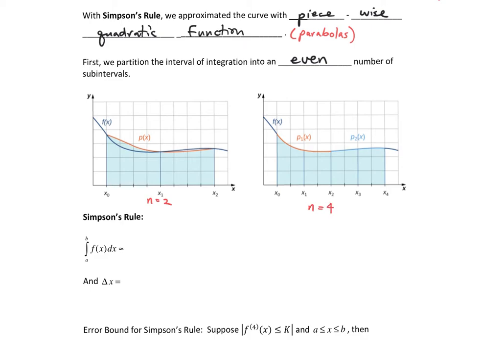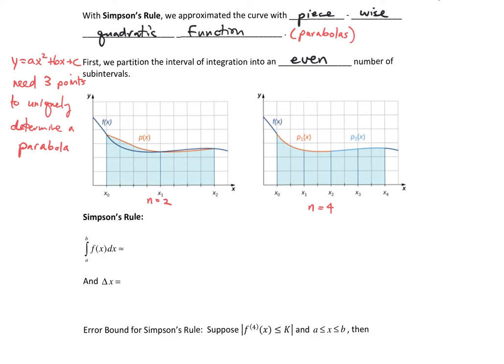And you might be wondering, why is it important that we have an even number of subintervals? Well, the reason is we really need 3 endpoints to fit a parabola. In other words, your parabola in general looks like y is equal to ax squared plus bx plus c, and you need 3 points to uniquely determine a parabola.